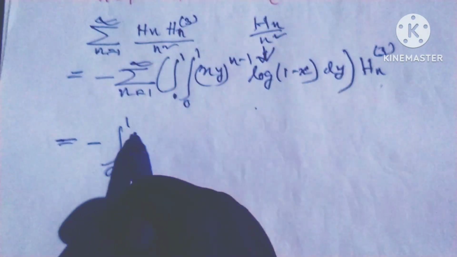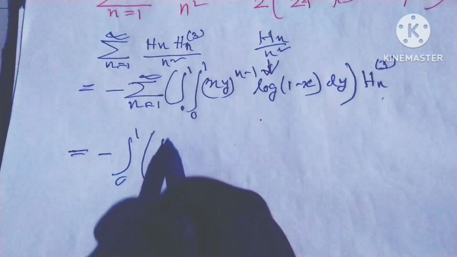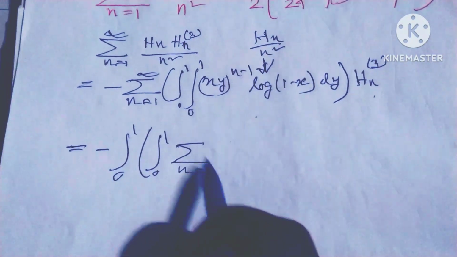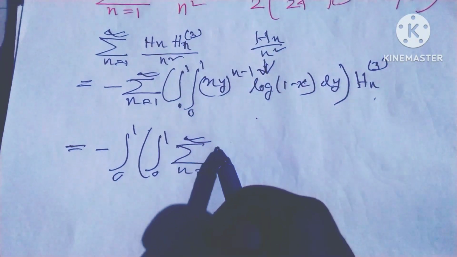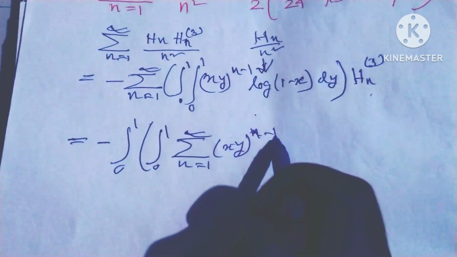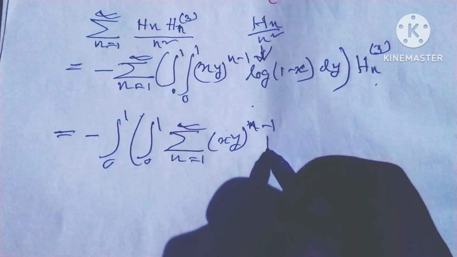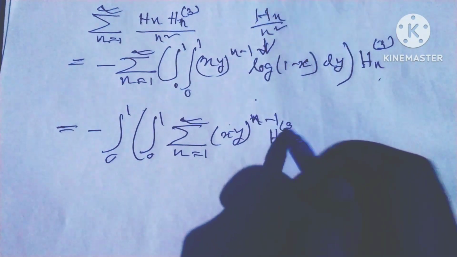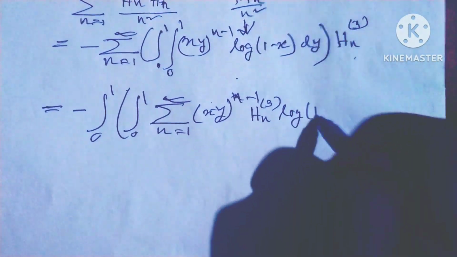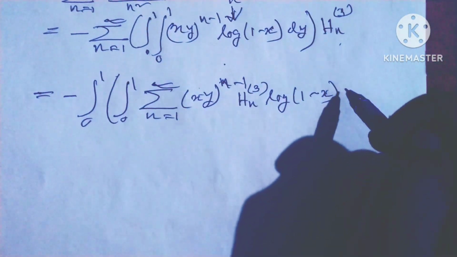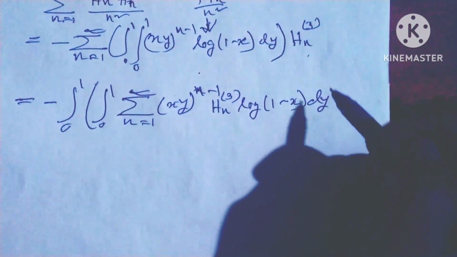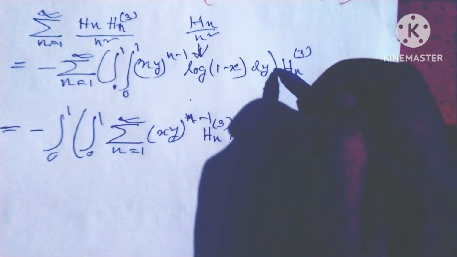minus the integral from 0 to 1, the summation from n equals 1 to infinity of (xy) to the power n minus 1, H_n cubed, log(1 minus x), dy, and dy and dx.